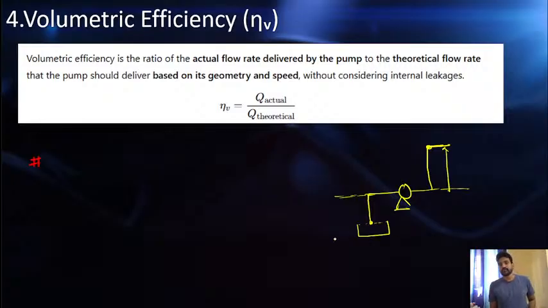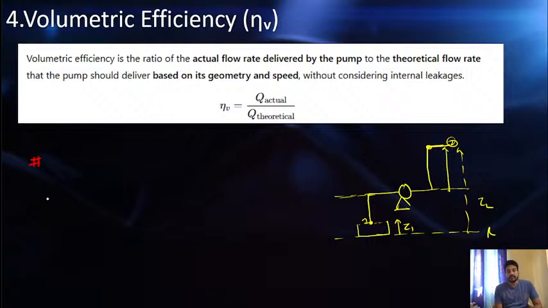Okay, so let's suppose this is my reference line, this is my point 1 and this is my point 2, right? From the reference line it is Z1, and from the reference line it is Z2.